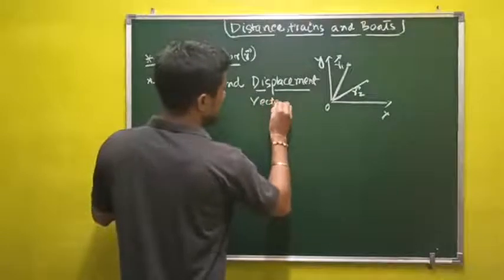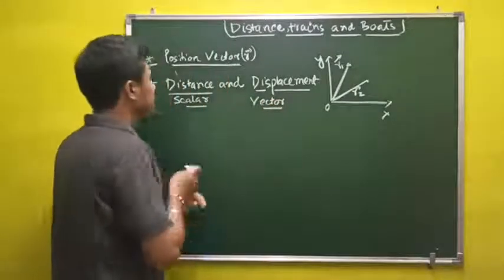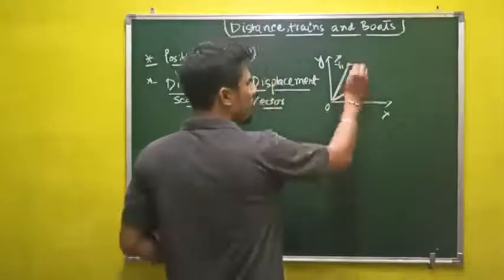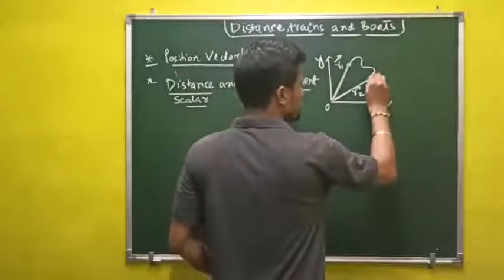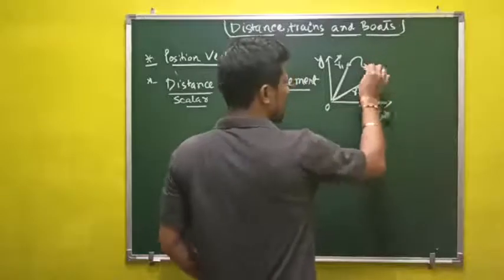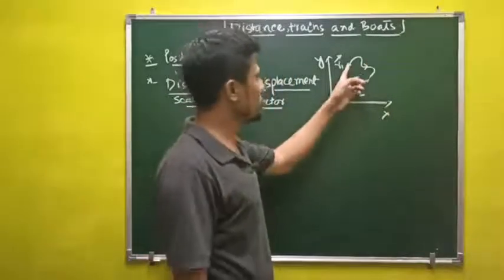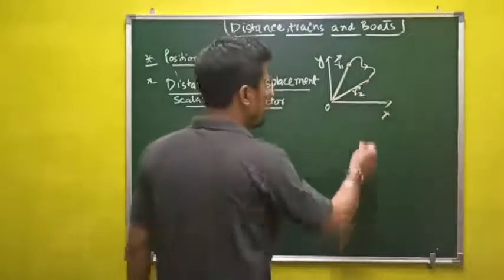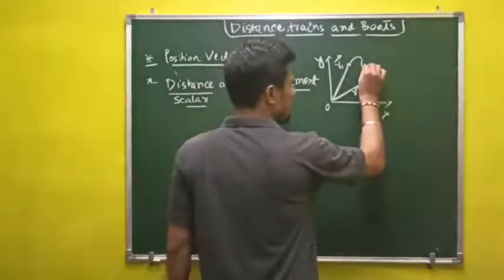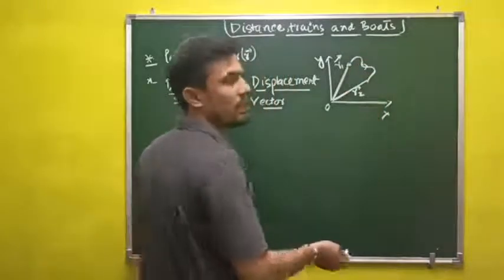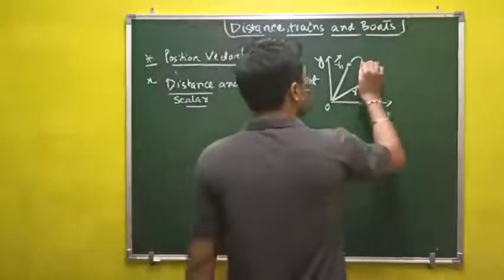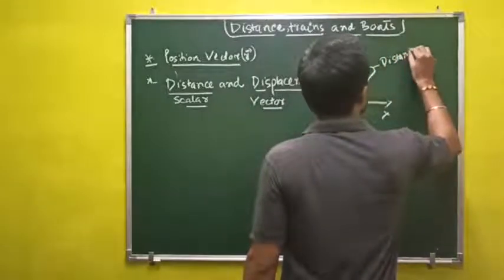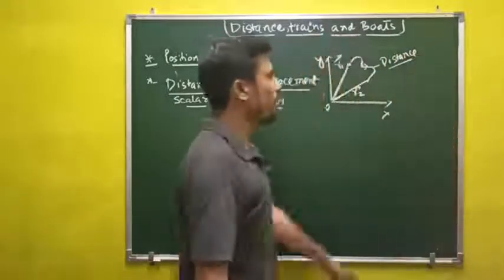What is distance? If you consider a path from r1 to r2 like this one, suppose a person is going from r1 to r2 by this path, then the entire path length from r1 to r2 is called the distance. Distance has no direction.